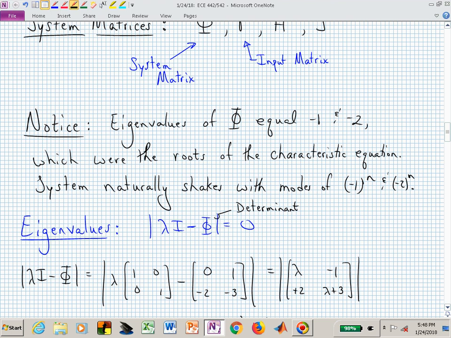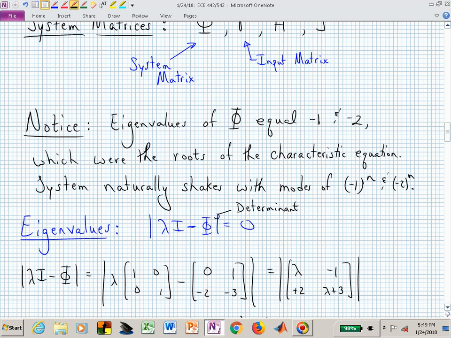Meaning if you now wanted to, by hand, compute the determinant of this matrix, lambda I minus phi, and here I've tried to put it in as explicit of a structure as possible. You have the scalar lambda, and what we'd used before was maybe z, but I'm just using a different variable here, times the identity matrix, which is 2 by 2, minus the system matrix phi.